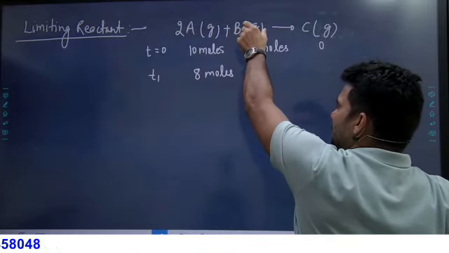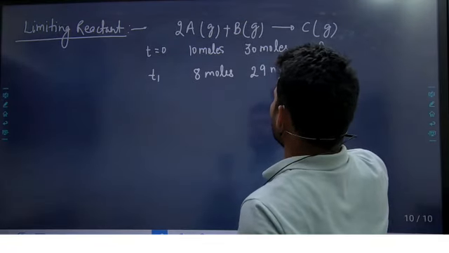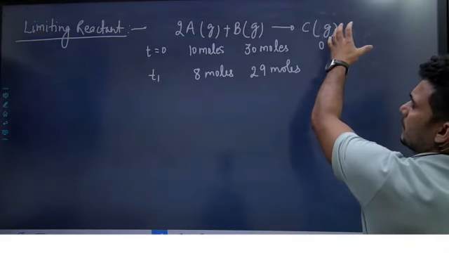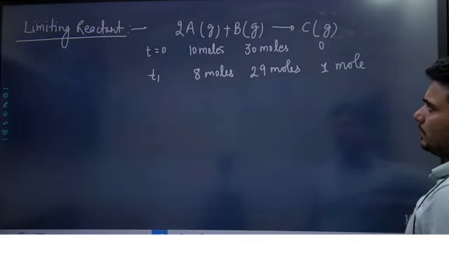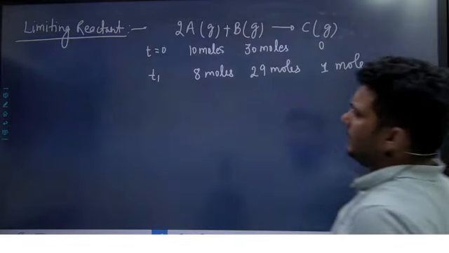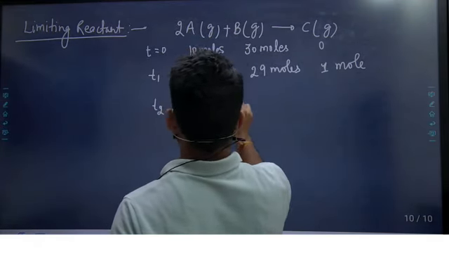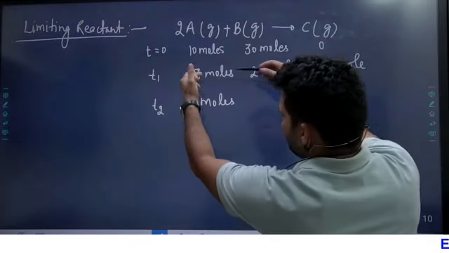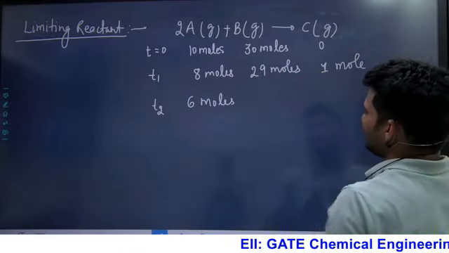The remaining moles you will find as 29 moles. How many moles of C will be formed? That is simple, 1 mole. At another time, the remaining moles of A are 6. So at time t1, A is 8 moles, B contains 29 moles, C contains 1 mole.